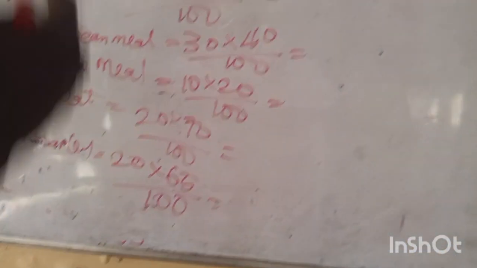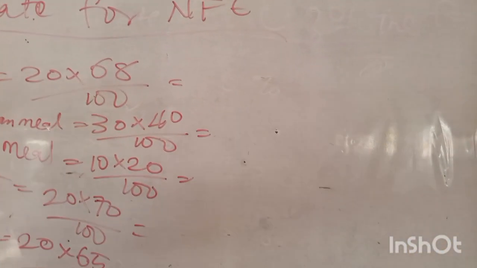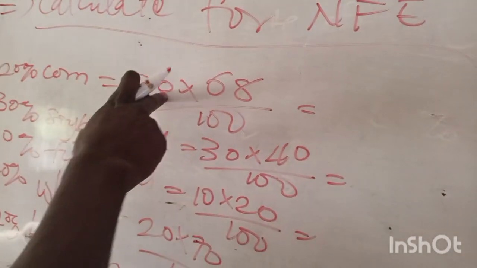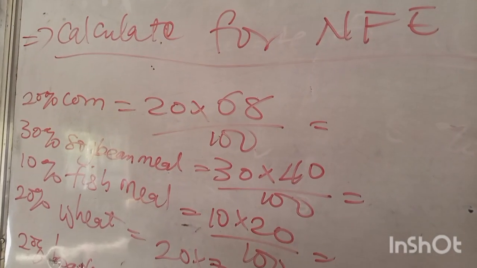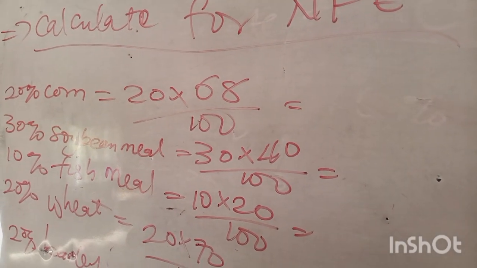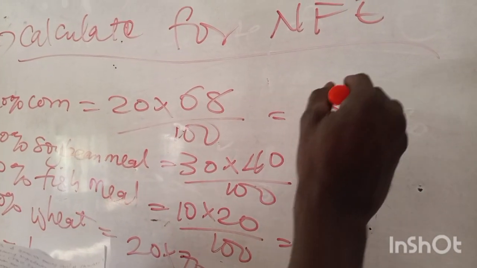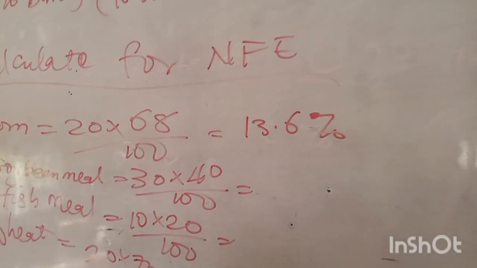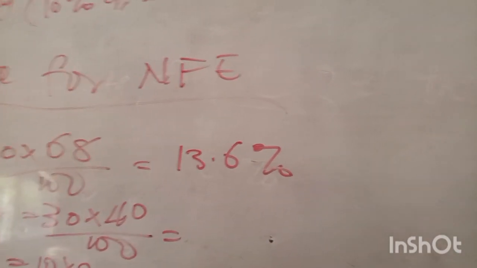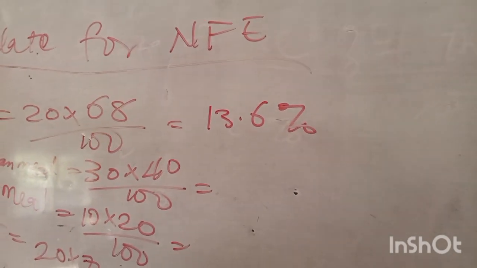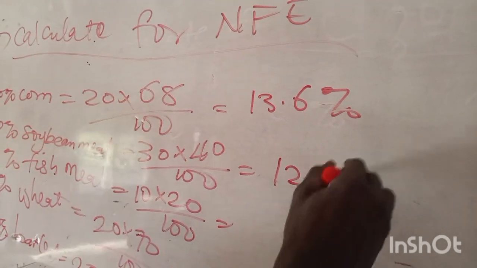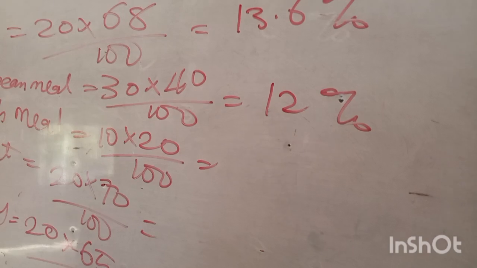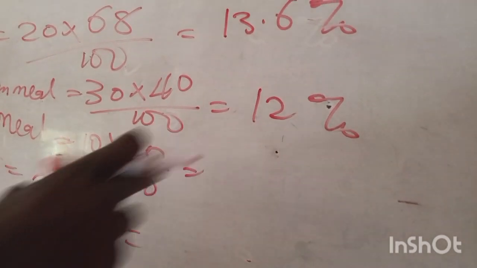So let's go and do this. We have 20 times 68 divided by 100. We are having 13.6%. Beautiful. 30 times 40 divided by 100, we are having 12%. Beautiful. It's as if our nitrogen free extract is going to be big.